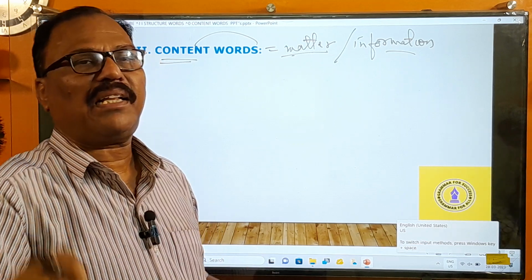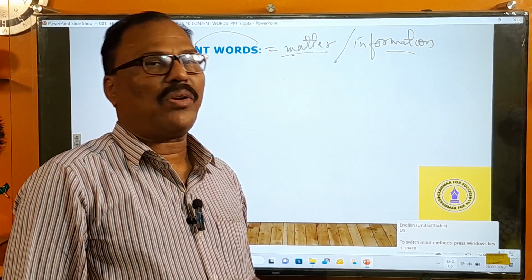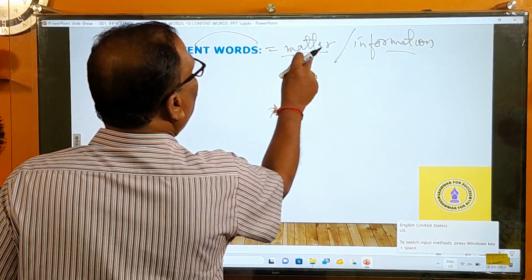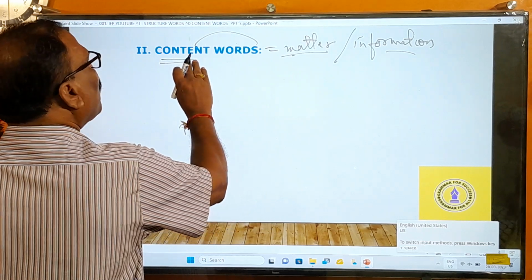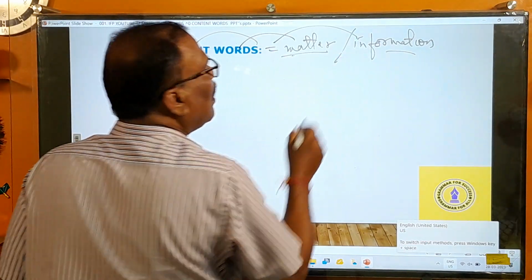There's no content in the letter. There's no content in the essay. Content means matter or information, and therefore content words means words giving matter or information.